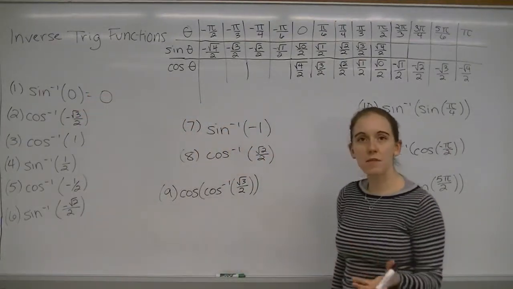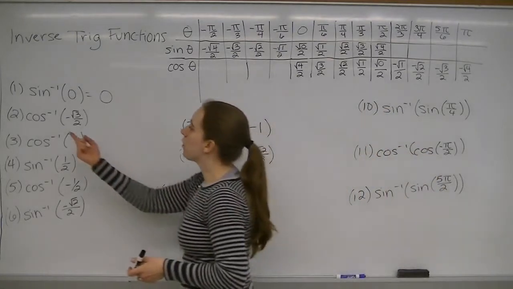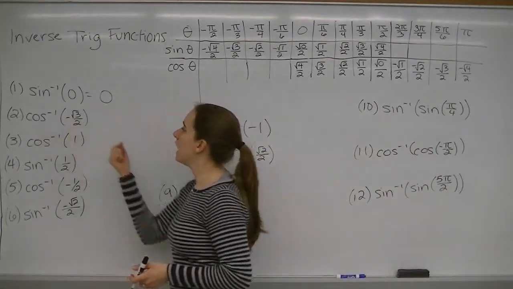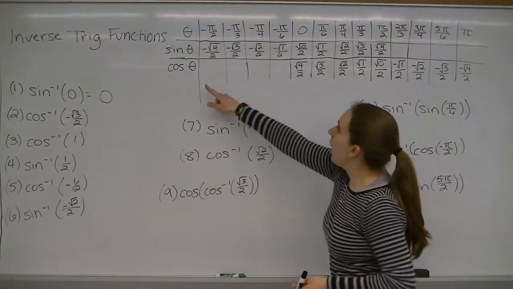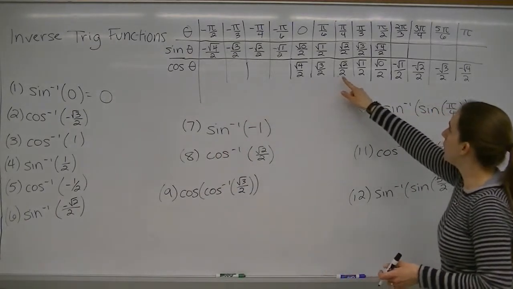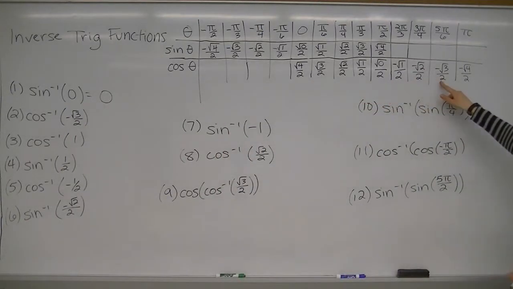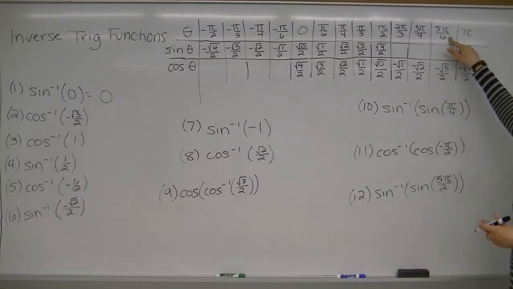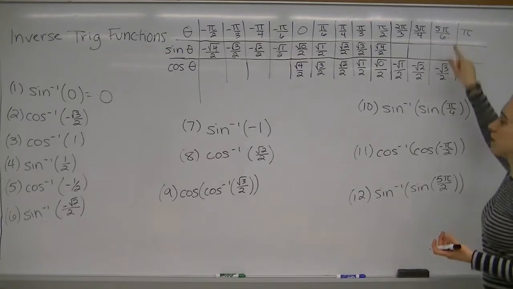We can do the same thing with cosine inverse. So if we want to take the cosine inverse of negative square root of 3 over 2, I look at my cosine row now. I find the negative square root of 3 over 2. So this is where cosine of some angle is equal to negative square root of 3 over 2. This is the angle where it happens. So this is my answer to my inverse.